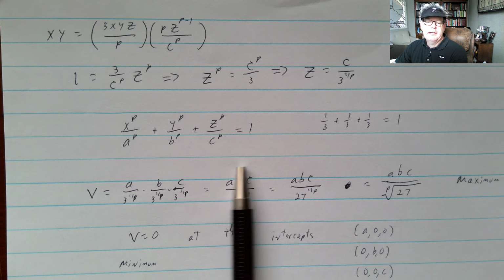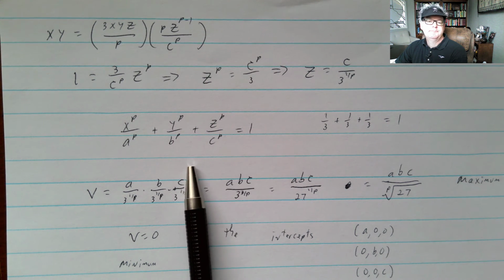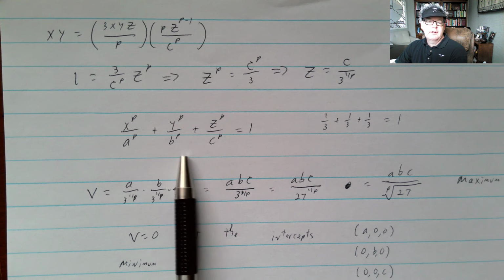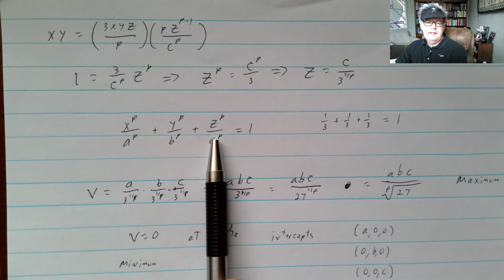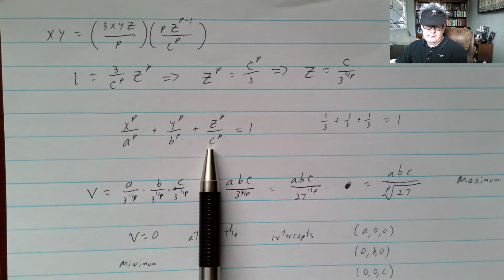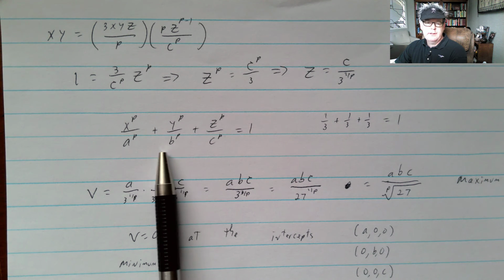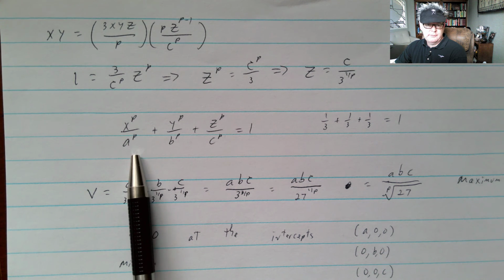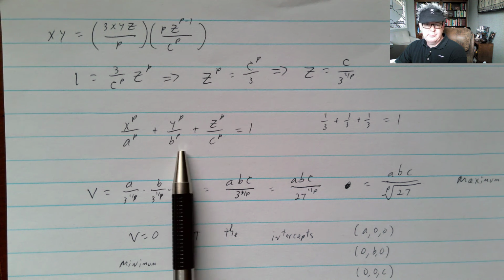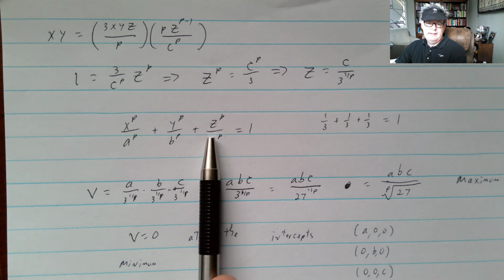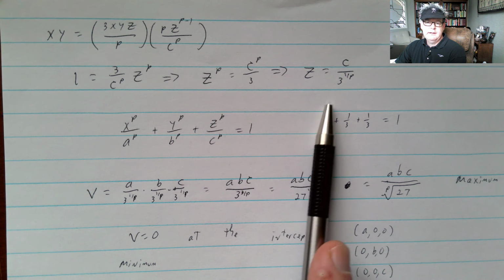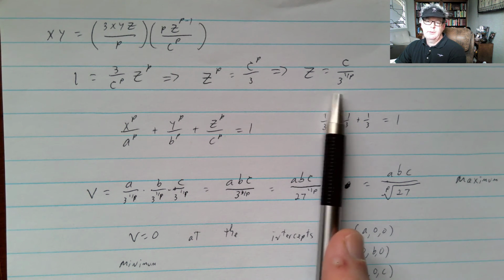One other thing we can note is that the values of x, y, and z for the coordinates of that vertex, or that lead to the maximum volume, are the coordinates that make it so that we're adding up 1/3 plus 1/3 plus 1/3. Right, so z was c divided by 3 to the 1 over p. So what's z to the p?